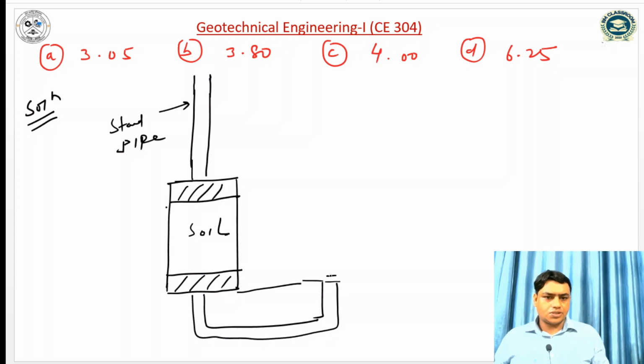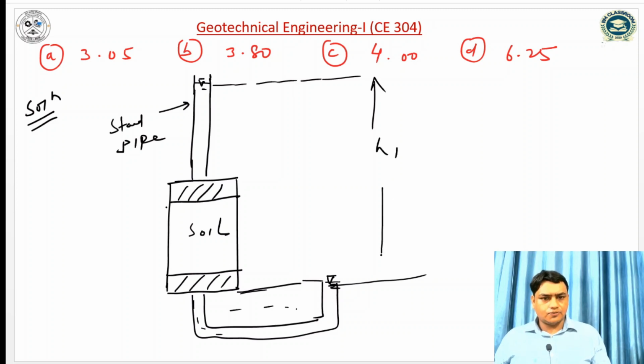This is the constant head chamber, and the water head is measured. Let us assume this is H1 at time T1, and the head decreases when the time is t2.